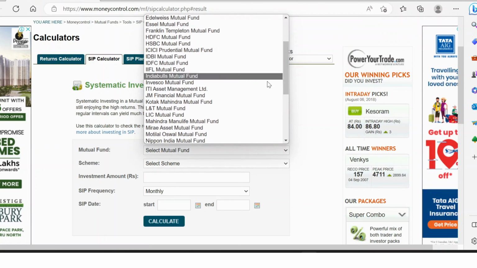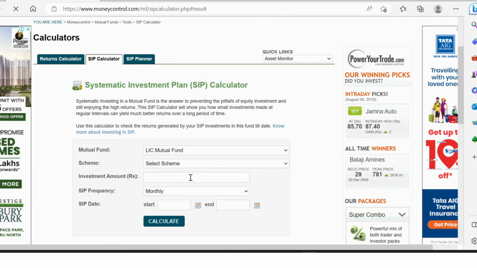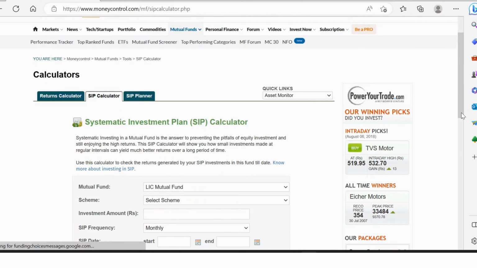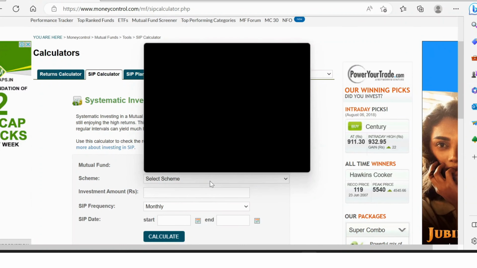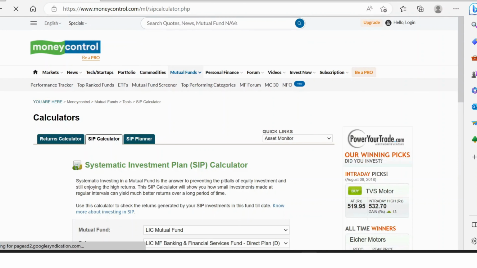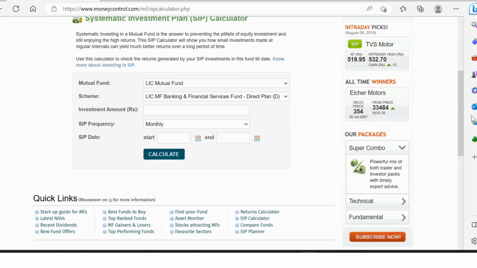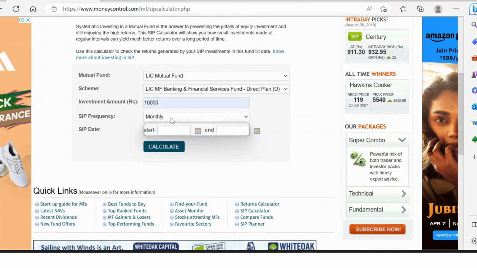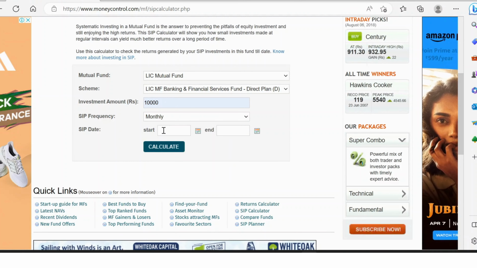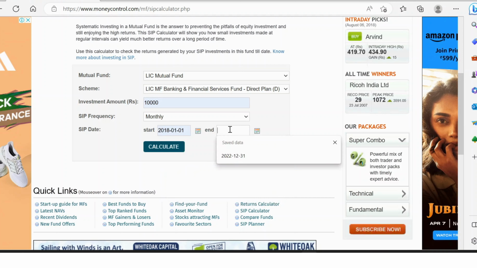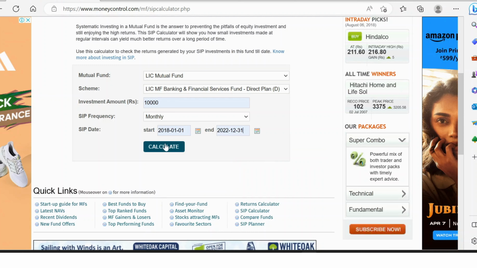Let me scroll down, LIC mutual fund, and then let me select scheme as LIC direct plan, then investment amount of 10,000, monthly, and start date is 2018 January and end date is 31st December 22. And let's calculate.